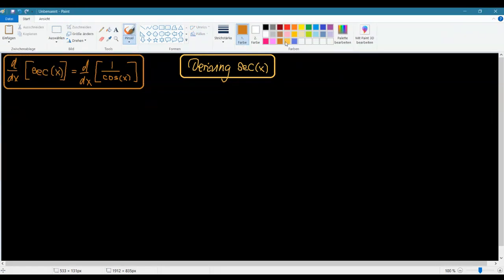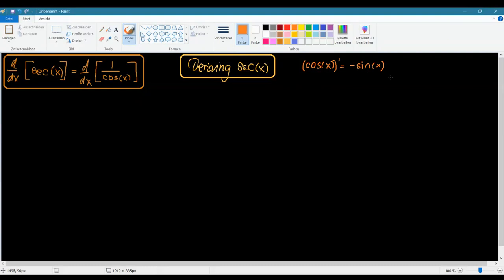Let's first of all actually write down what cosine x prime is. Cosine x prime is negative sine x. And let's write down the quotient rule.